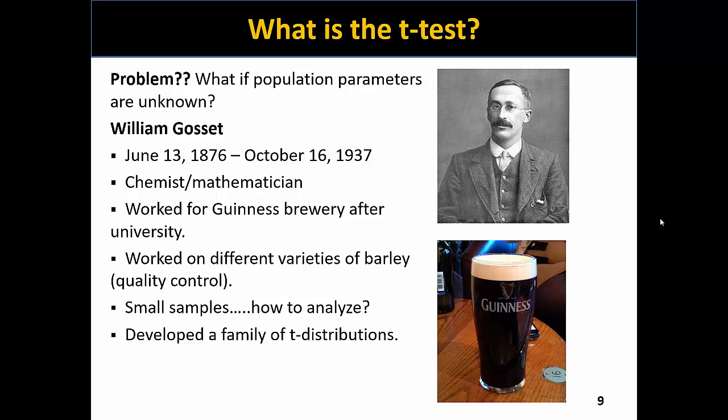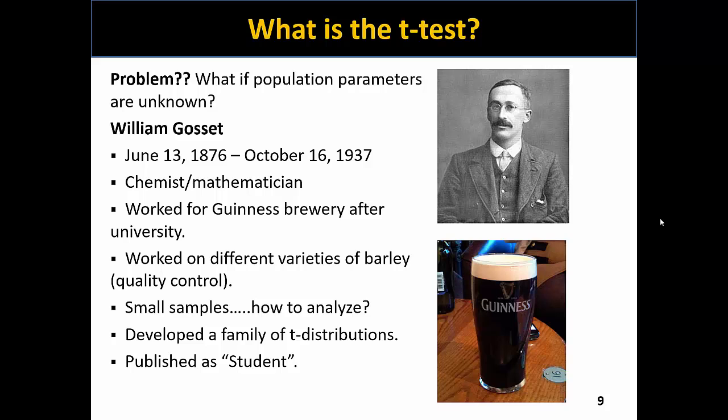In publishing his work, he was not allowed to use his name as he was working for Guinness at the time. So he published it under a pen name, or a pseudonym, and the paper was published by Student. To this day, the t-test is often referred to as the student t-test.